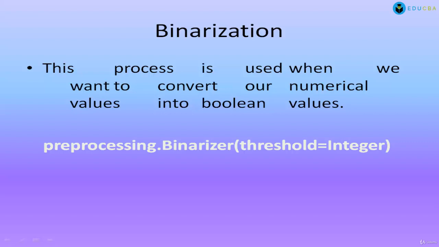For that, we are using the pre-processing module, which is an inbuilt module of sklearn, that is the scikit-learn module, and Binarizer is the function present in that pre-processing module. We are passing an argument, threshold, that is of integer type. This is the function which we will use for binarizing our input values.